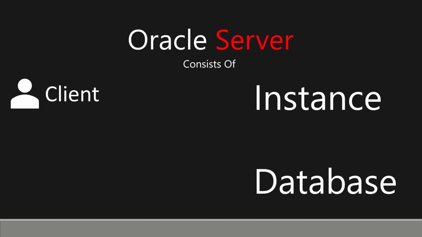So whenever a client sends a SQL request, the connection first reaches the Oracle listener. Then the listener transfers the request to the server process. Listener itself does not process SQL requests. Its responsibility is only to accept the connection request and hand it over to a dedicated or shared server process.